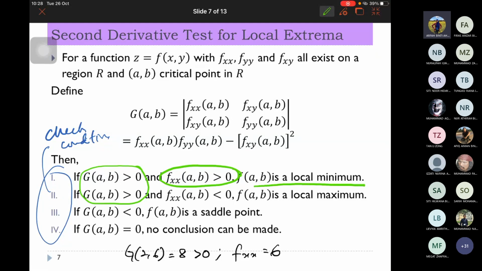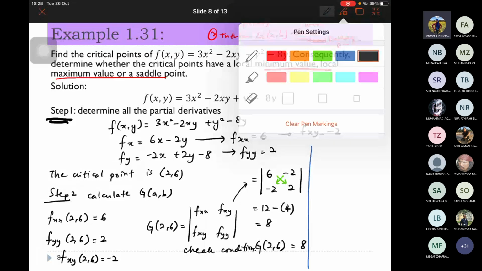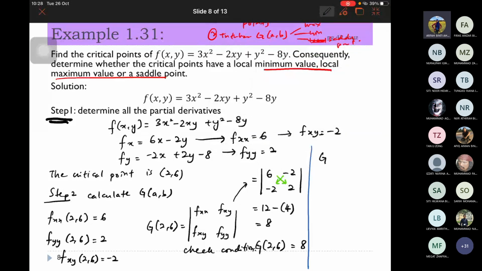So from here kita dapat check condition G26 lebih besar daripada kosong. So we get from here kita dapat G26. Fxx kita tadi dapat sama dengan 6.